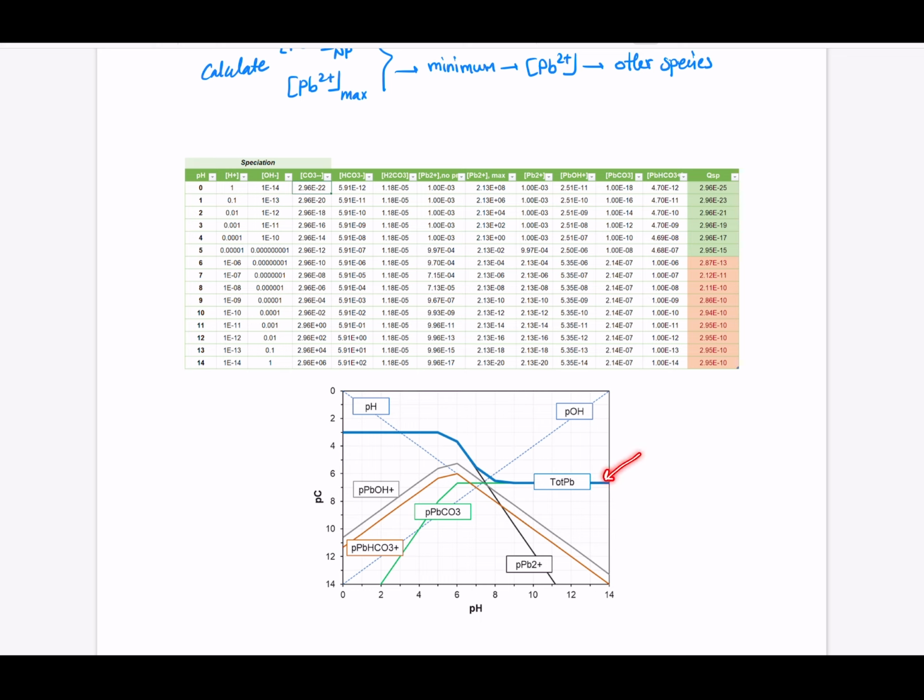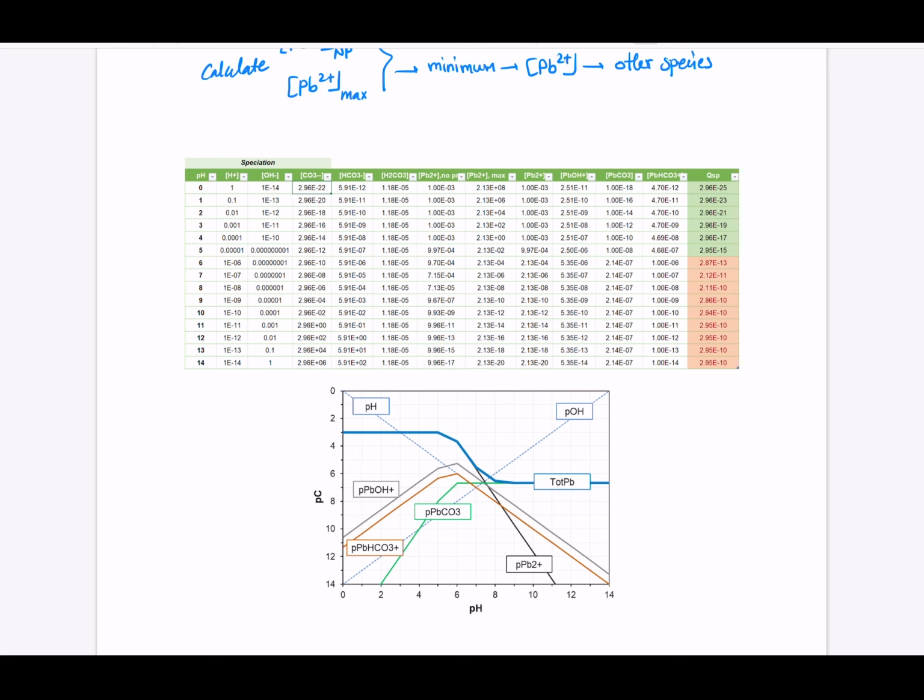So it seems we only can bring down the concentration of total lead in the solution up to this value. So beyond this would be not feasible, at least in this pH range, unless we introduce another precipitating agent to the system that takes the remaining lead concentration to the precipitation or to the solid phase.